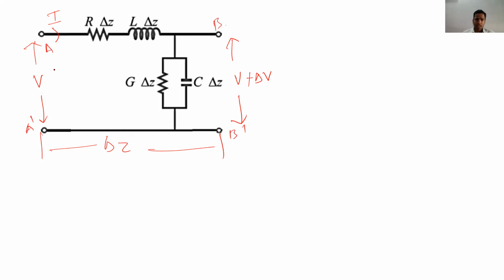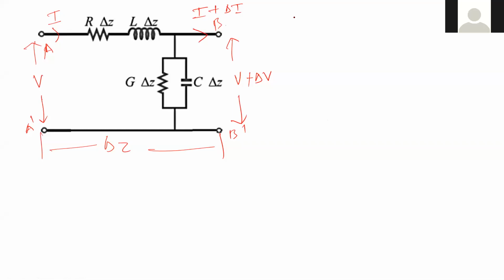The current at A dash is I. Similarly, the voltage at B B dash is V plus delta V. The current will come here and have some distribution here also, so the current at the other end will be I plus delta I. Is this clear to everyone? Yes, sir. Okay, fine.